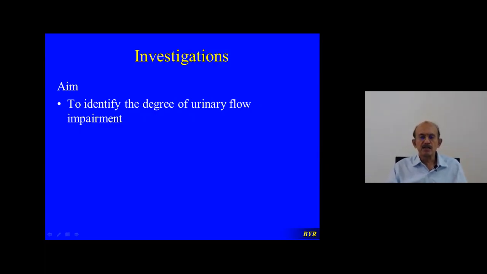So the investigations. Whenever an elderly person comes to you with symptoms of difficulty in micturition, like narrow stream, intermittent stream, frequency, urgency, then you have to investigate him. The aim of the investigation is number one, to identify the degree of urinary flow impairment.